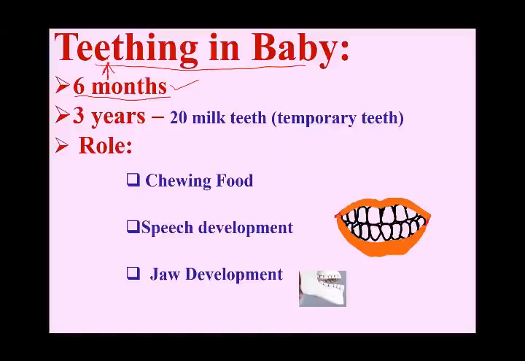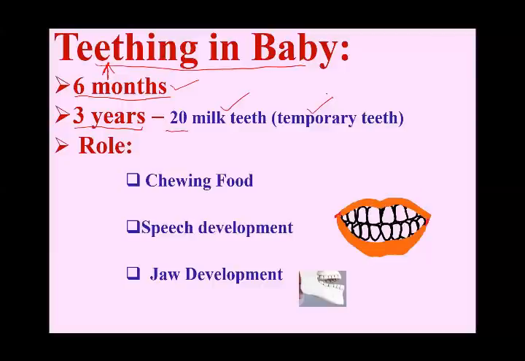Then when the babies reach the age of 3 years, the number of teeth increases and reaches a full set of 20 teeth, which is termed as milk teeth or temporary teeth.